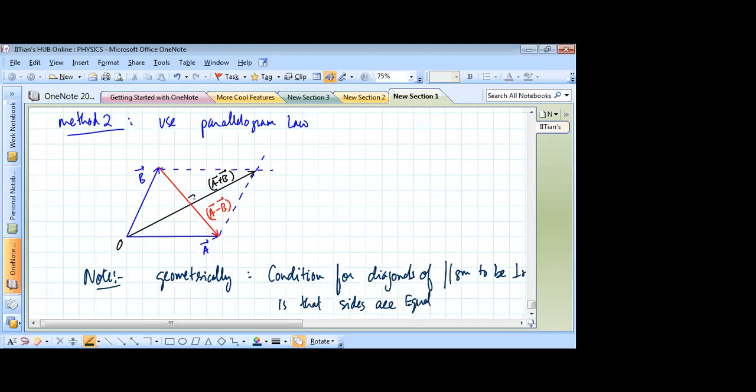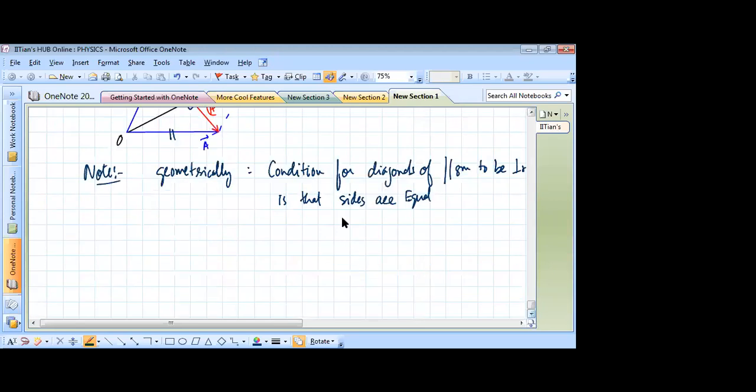That is, this is 90 degrees only if this side is equal to this side. Or basically the parallelogram should be a rhombus for the diagonals to be perpendicular.